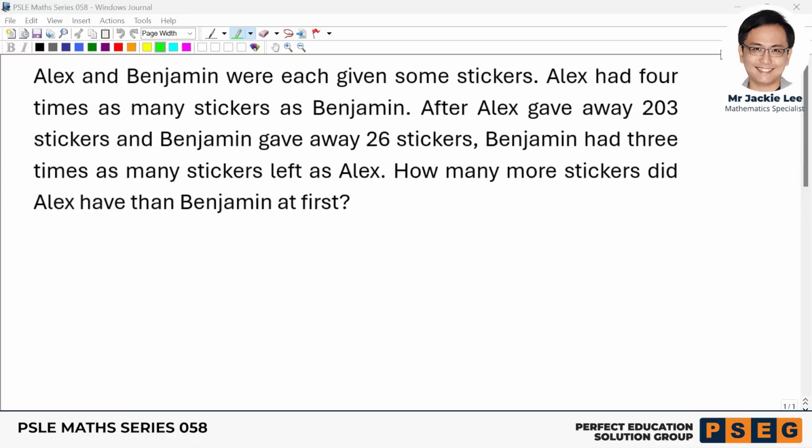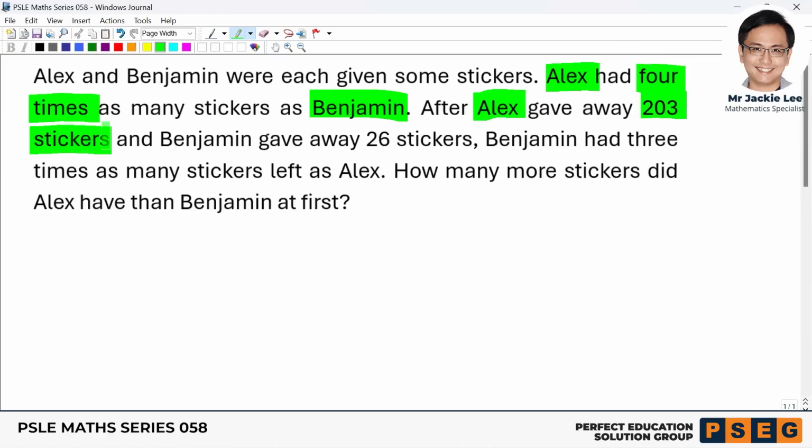Okay, here we go. We have 2 people, Alex and Benjamin. Alex at first has 4 times as many stickers as Benjamin. Then Alex gives away 203 stickers, and Benjamin at the same time gives away 26 stickers.